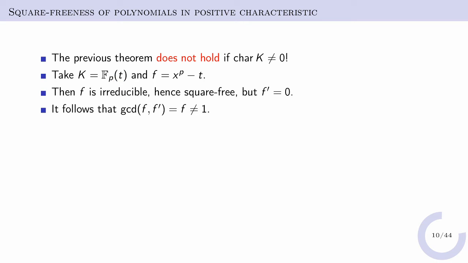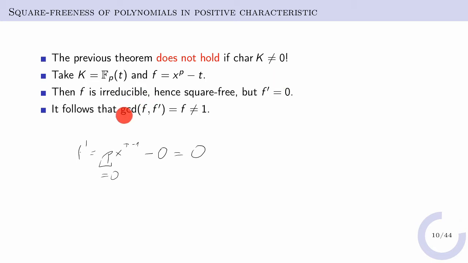So if we compute the derivative of f, what we have is f prime, which is p times x to the p minus 1 power minus, and t is a constant, so the derivative of a constant is 0. In our field, p is 0, since we have a field of p elements. So this is 0. So what we see is that f prime is 0.